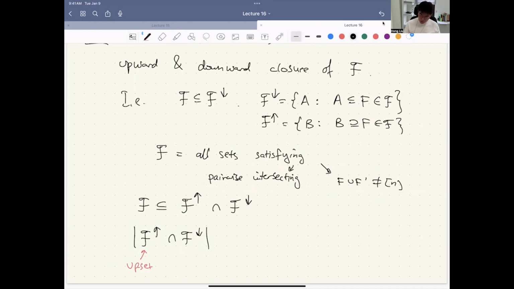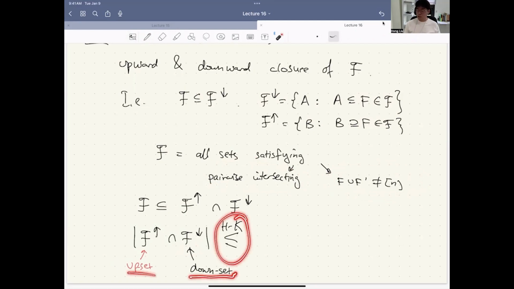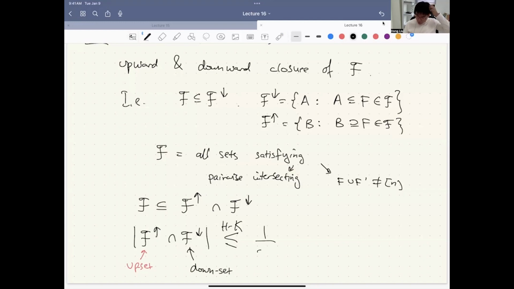This is a downset. By the Harris-Kleitman inequality, but now we have to write it in the other direction because they have opposite monotonicity, the size is at most 1 over 2 to the n times F up times F down.